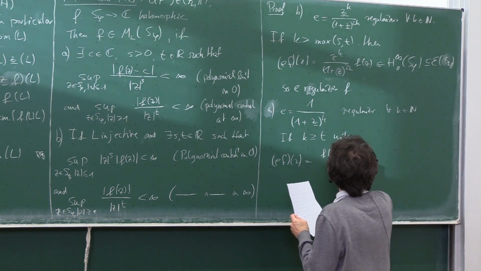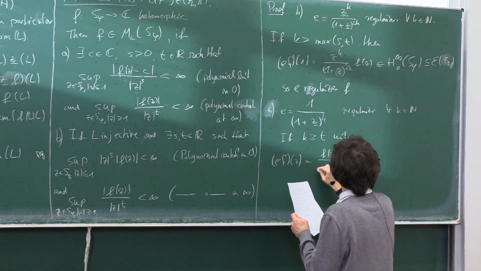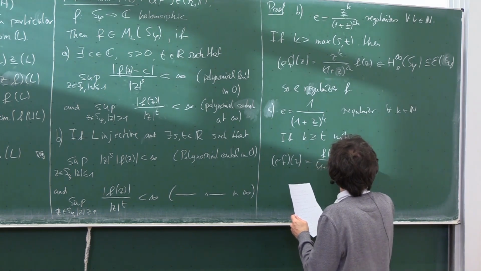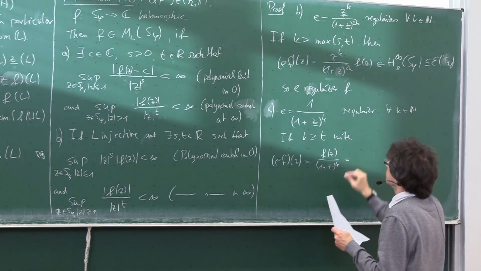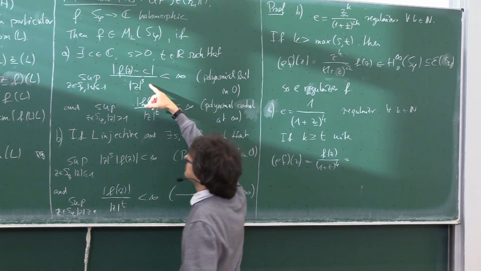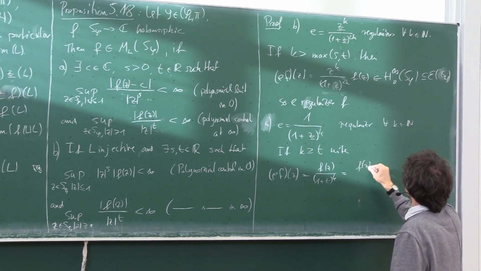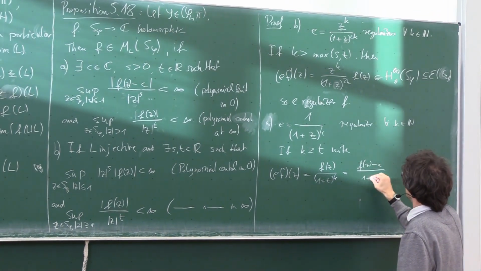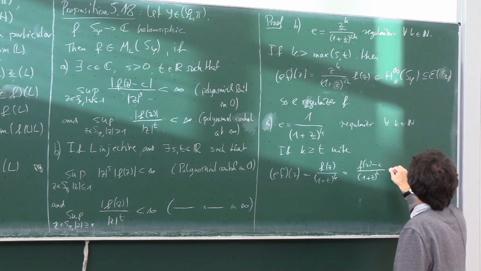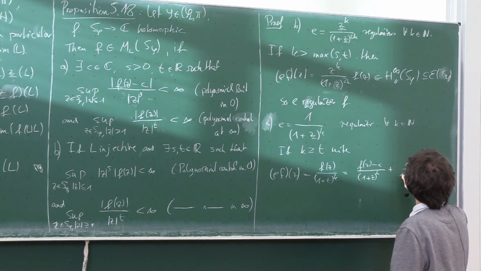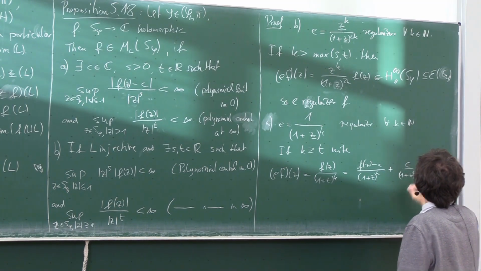EF of z is f of z divided by 1 plus z to the k. And now to include this situation with the polynomial limit, just write f of z minus c divided by 1 plus z to the k, plus c divided by 1 plus z to the k.